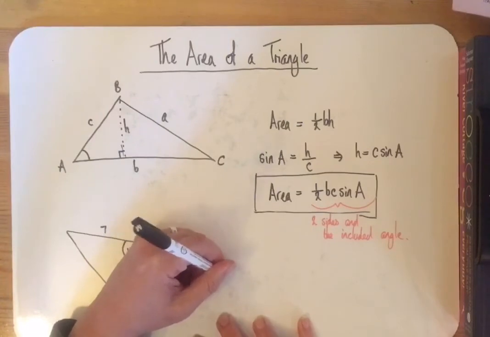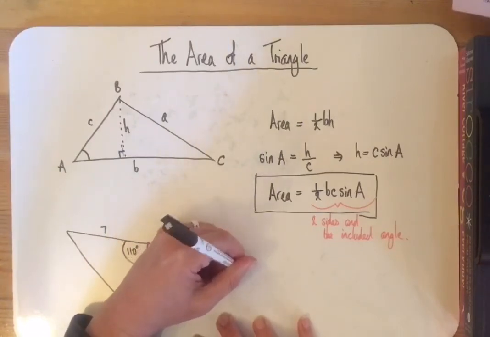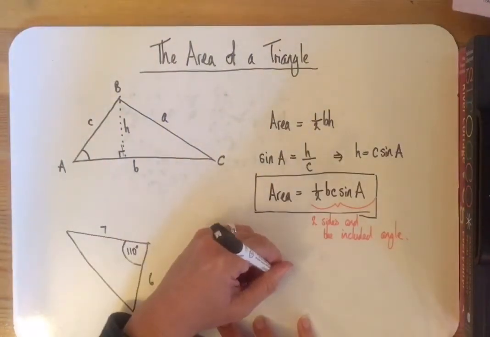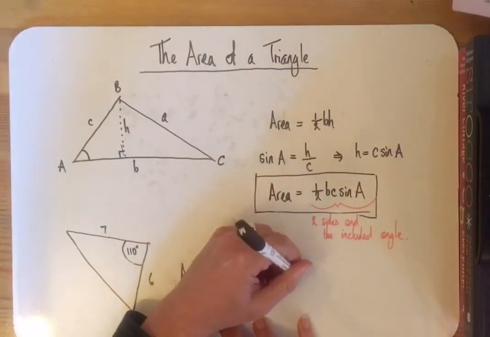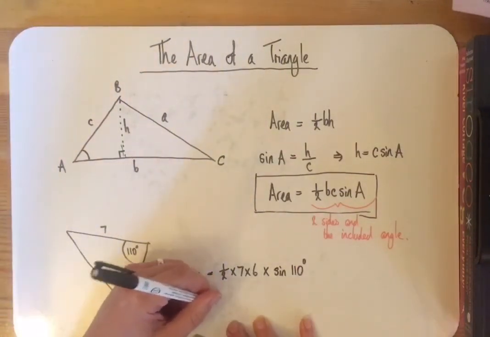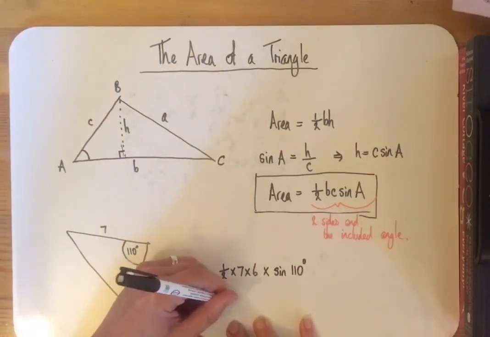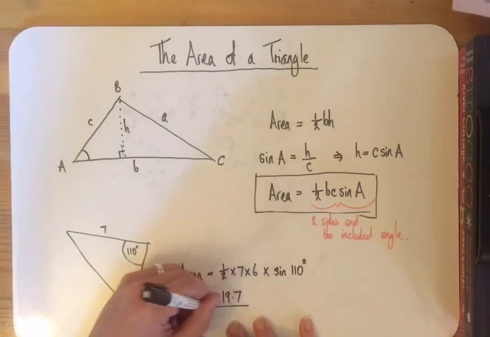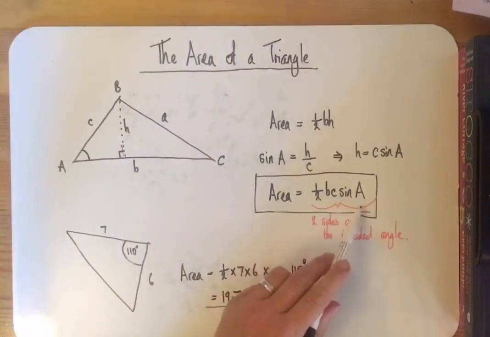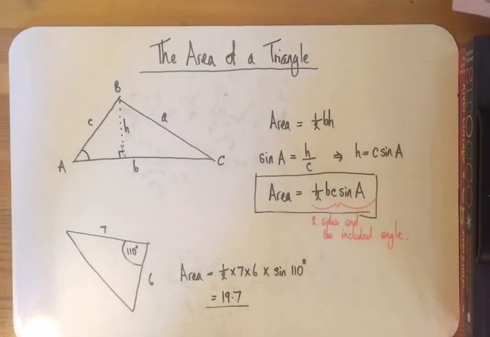So it's a half times 7 times 6 times sine of 110 degrees, which gives you 19.7. So that hopefully should all be quite straightforward. So it's just half BC sine A.